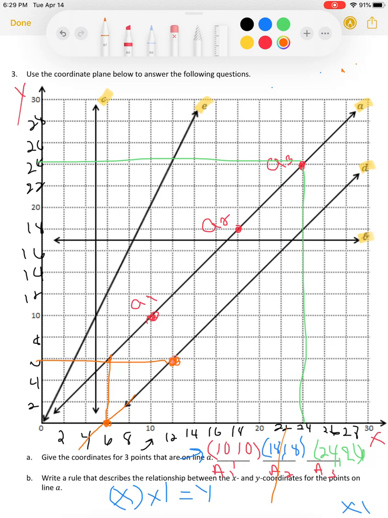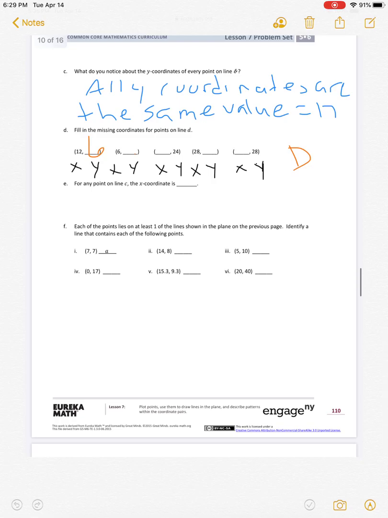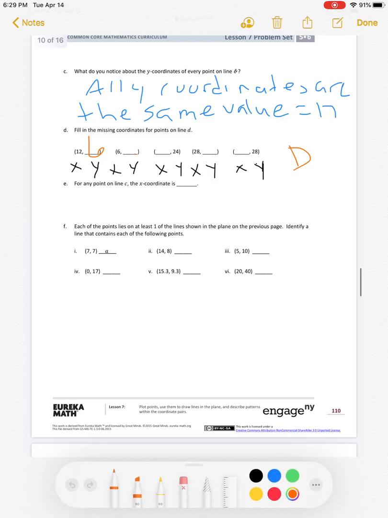And then y would be 0, because it still sits here on line D. We don't forget we're working with line D. If I extend line D all the way out, x would be 6, and this would be our point here. And then where does it sit on the y-axis? It sits on 0. So when x is 6, y equals 0. Okay? I'm going to go back to the page and fill in the information.